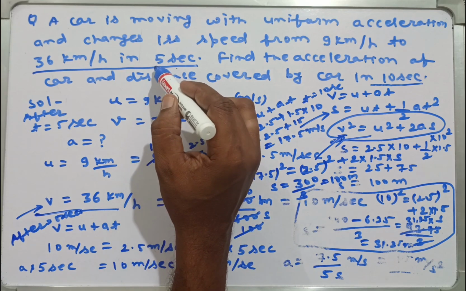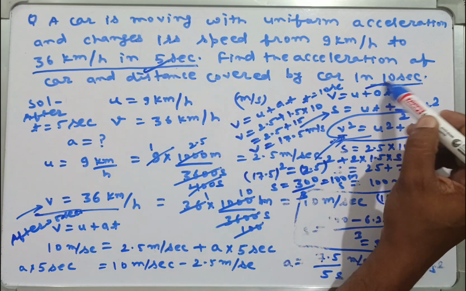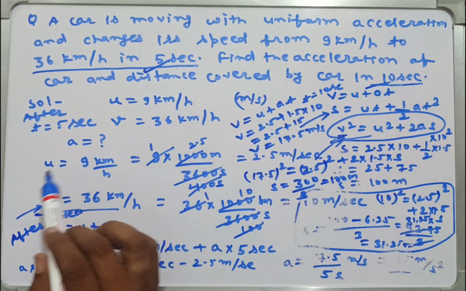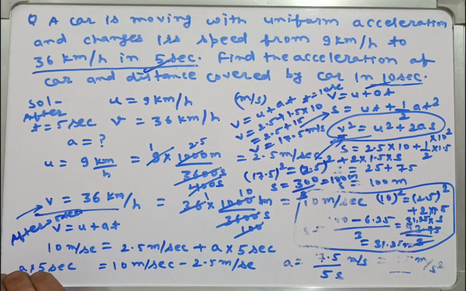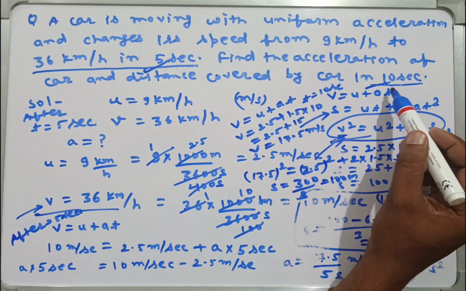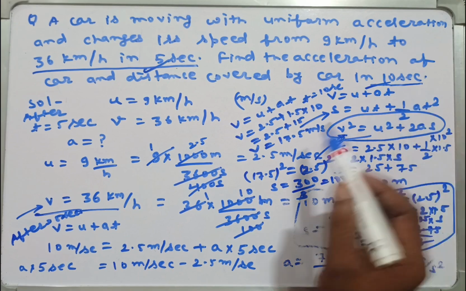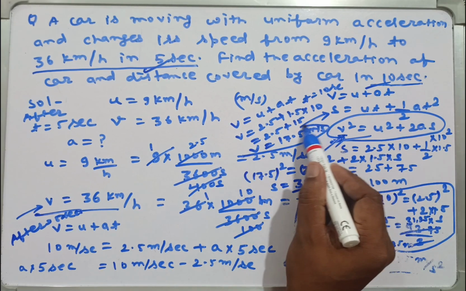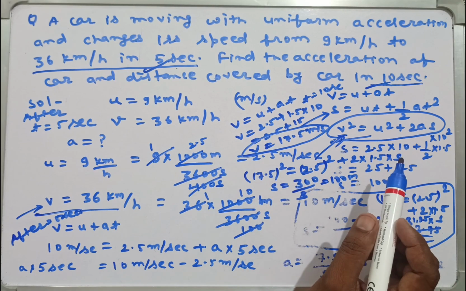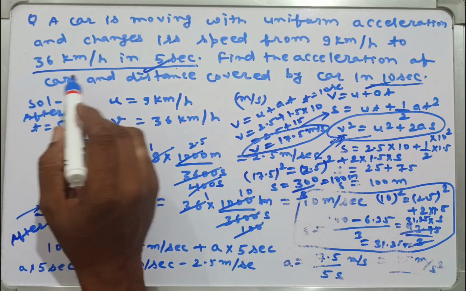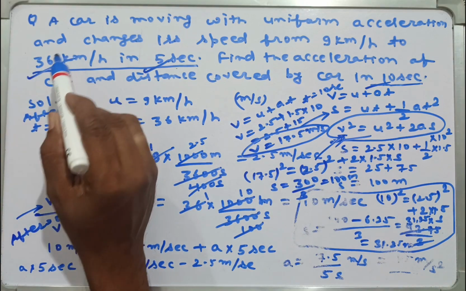Here the 5 second is given or 10 second is given. As the object is accelerating, or you can say the car is accelerating, then at t equal to 10 seconds its speed equals this one. So guys, we cannot just use the final velocity given.